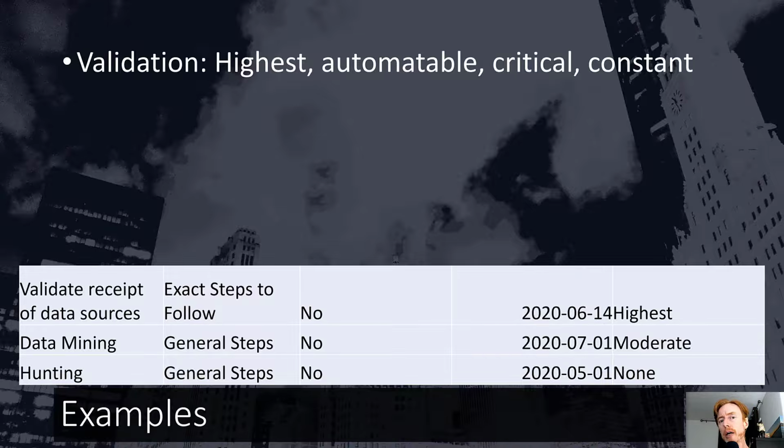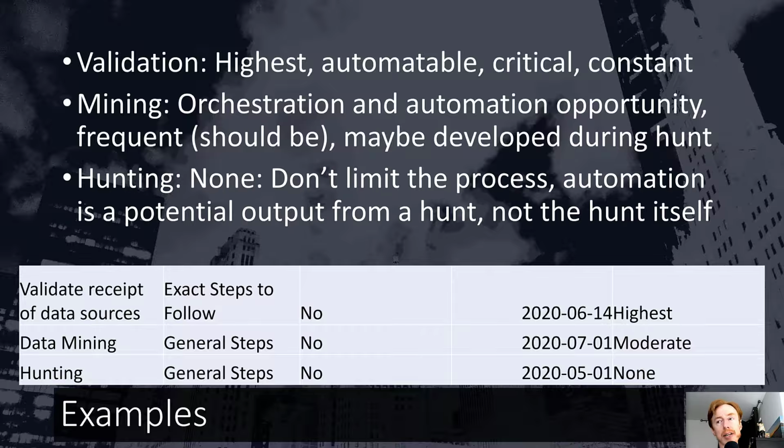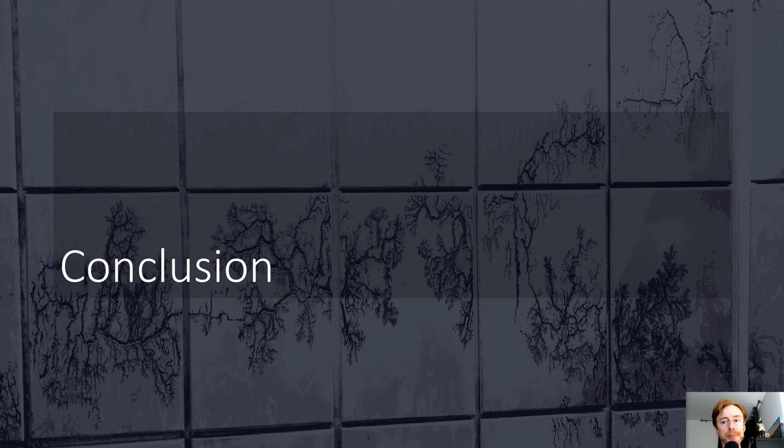And hunting is something that I have some steps, but I want the human beings doing those steps because the overall program of hunting is one where the effort of doing the hunting teaches us stuff. So for me, hunting is something where I don't actually want to orchestrate and automate.